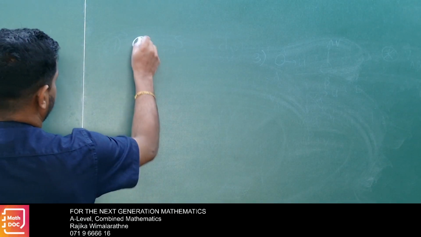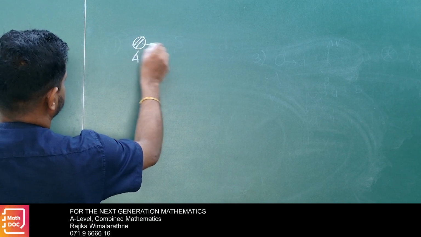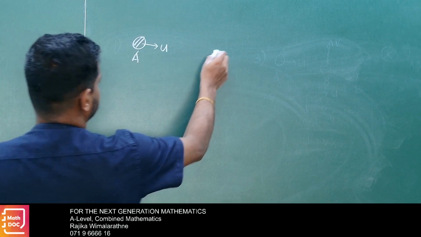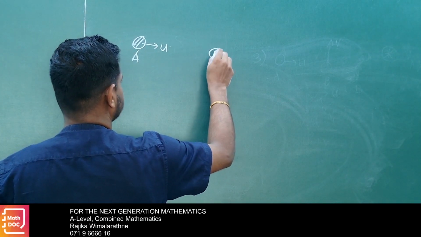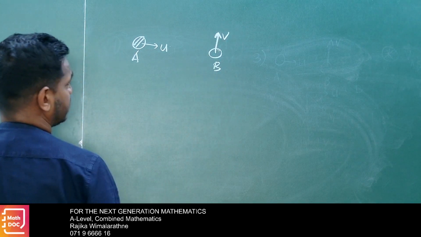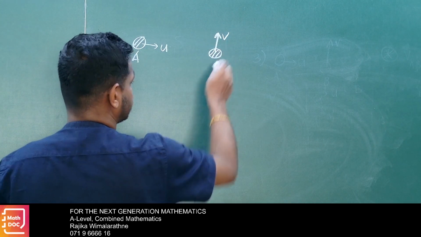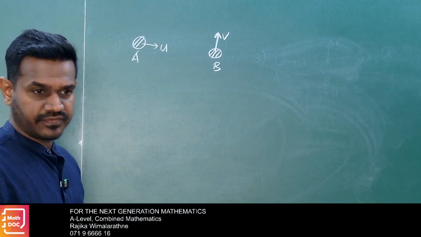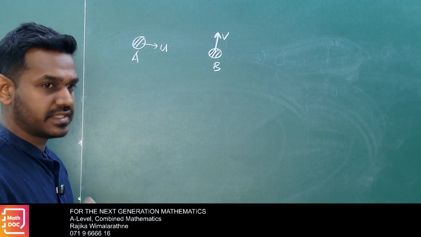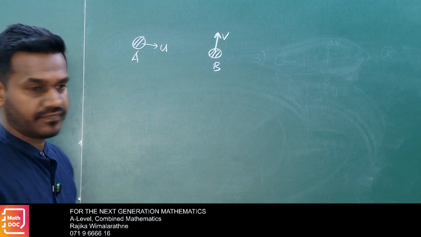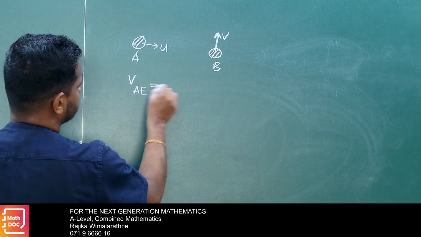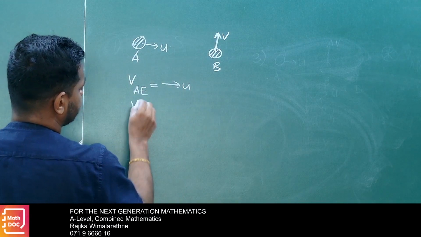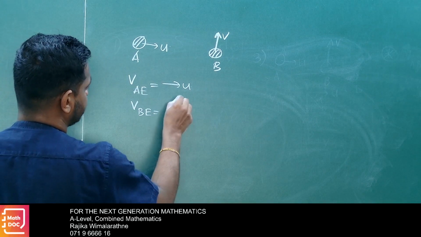Here consider A, its velocity u. Consider B, its velocity, this way, v. The reference is not given, the velocity is given directly. That means those are given with respect to Earth, no? Therefore, the velocity of A with respect to Earth is u. The velocity of B with respect to Earth is v.